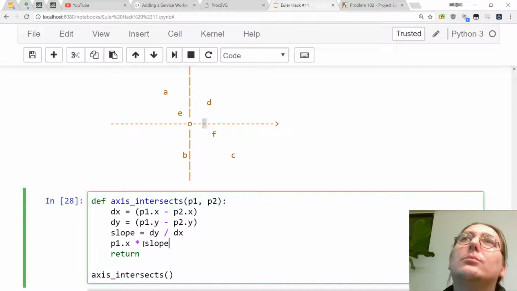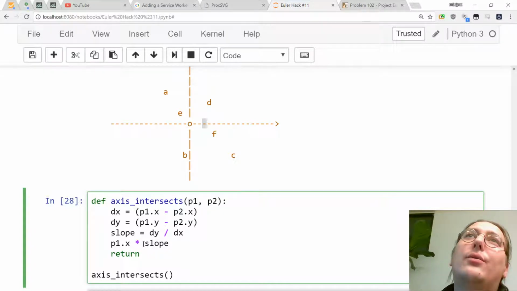So if we computed the slope, we can compute it starting from one of the points.